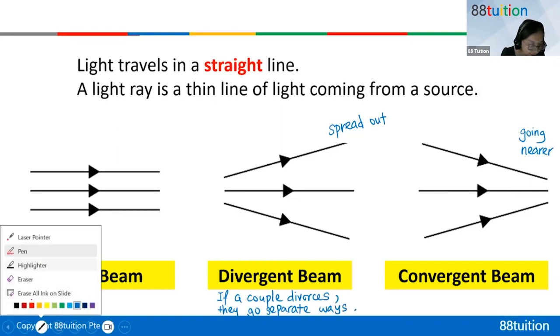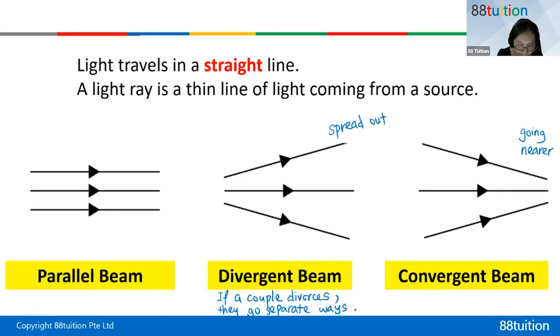Please don't write this for the exam. Divorce has a DIV here, and there's a DIV here in divergent. Hopefully it helps you remember a bit. It actually comes from the word diverge. Diverge means going out, going more spread out. Converge means going to one point, or going nearer.